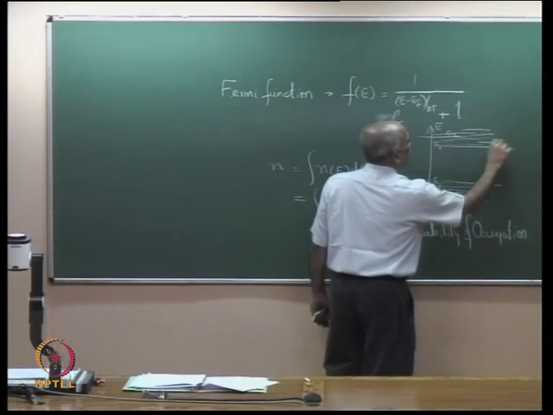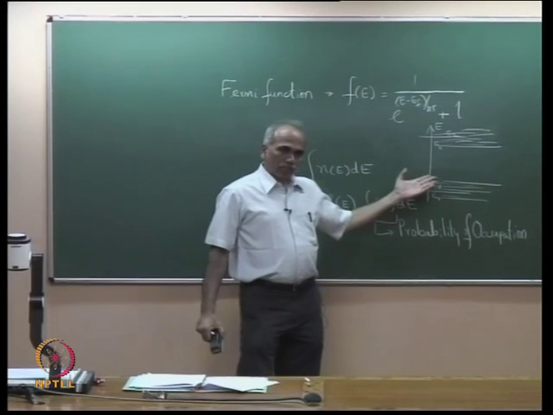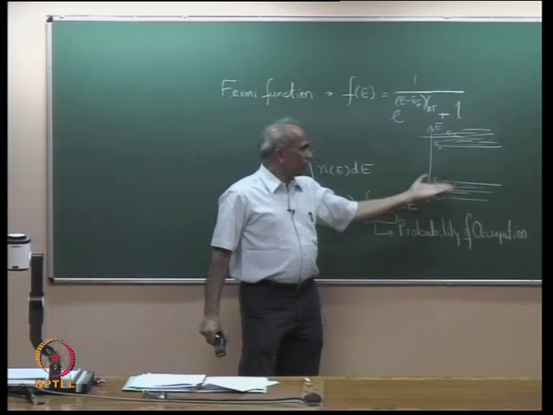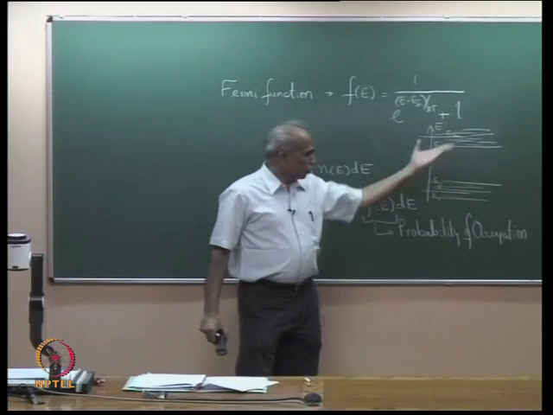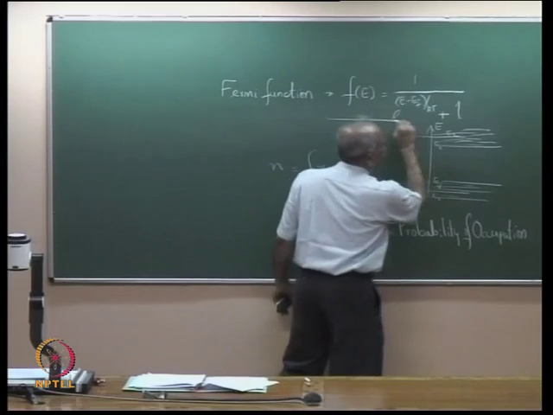What is the probability of occupation of these allowed states? The probability of occupation by electrons, for the valence band as well as the conduction band, is given by the Fermi function.